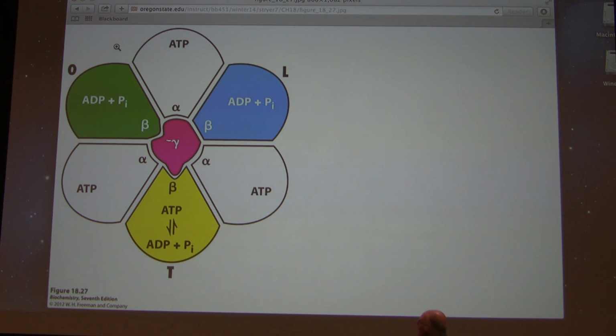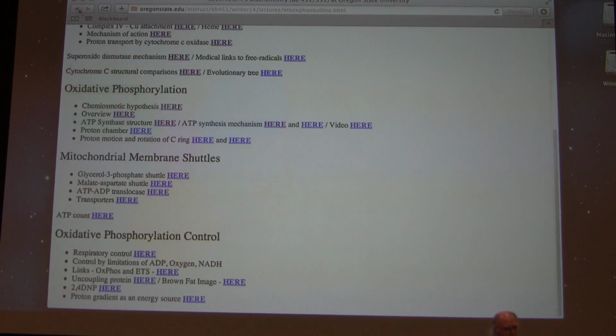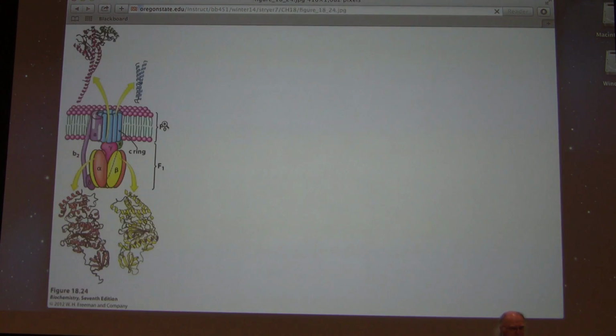Now, the protons moving through this complex cause this subunit, let me show you here, the movement of protons through the complex cause this little blue ring to spin. It's the blue ring that spins, and the gamma is attached to the blue ring.